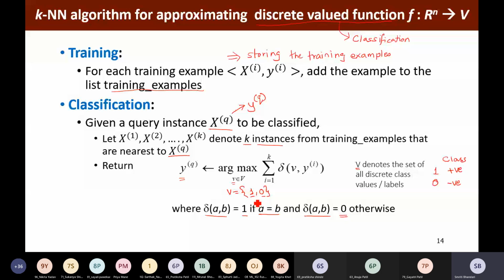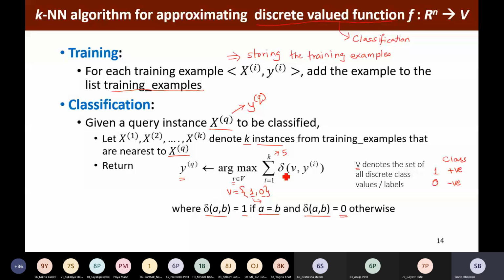Suppose the value of k is equal to 5. Then 5 times we are going to find the value of this function delta.